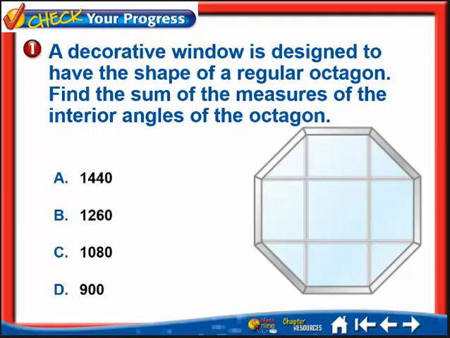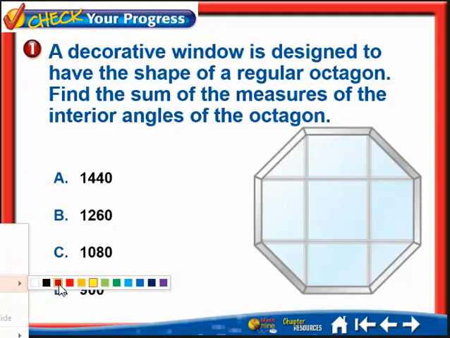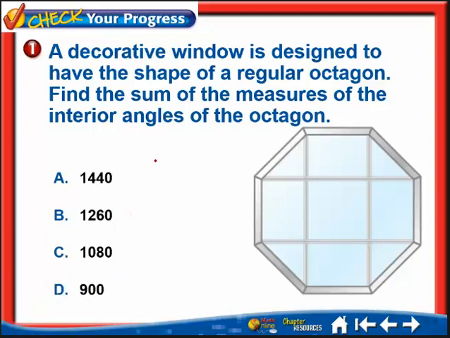Here's another one. A decorative window is designed to have the shape of a regular octagon. Find the sum of the measures of the interior angles. So again, let me use a darker color here. I could either count the number of triangles or I can use my formula. I have 8 sides. I'm going to subtract 2 from that, and then I'm going to multiply that by my 180.